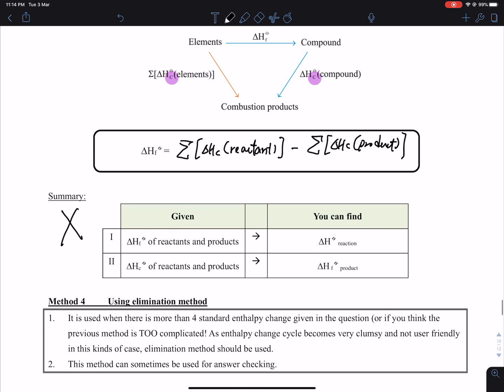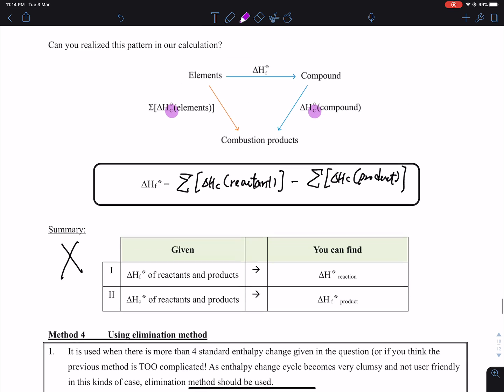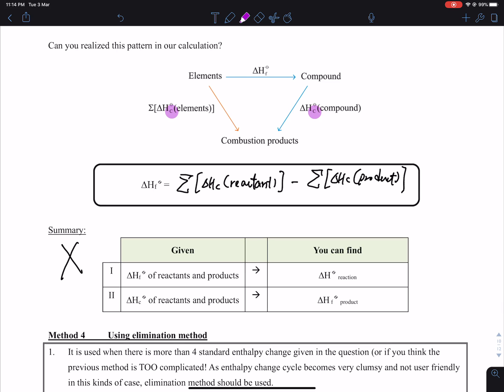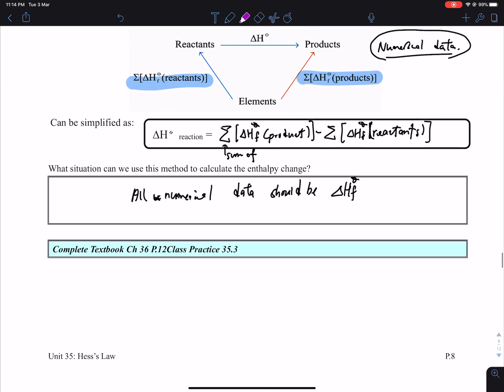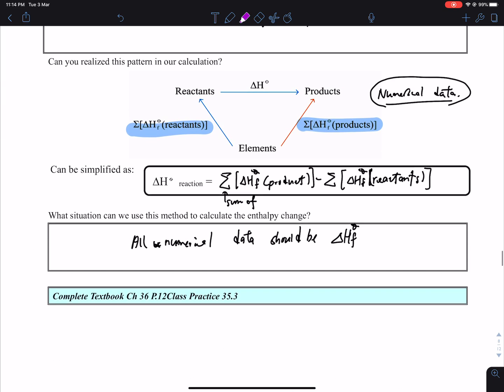The most important thing here is whenever you see combustion, reactant minus product. And for the above, wherever you see the data is formation, remember product minus reactant.